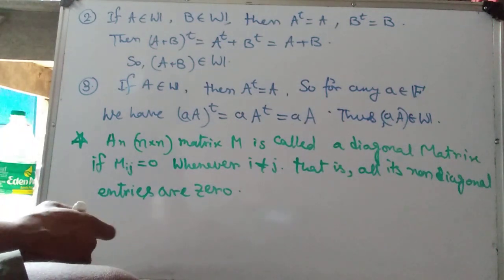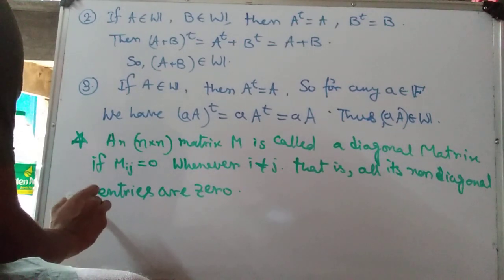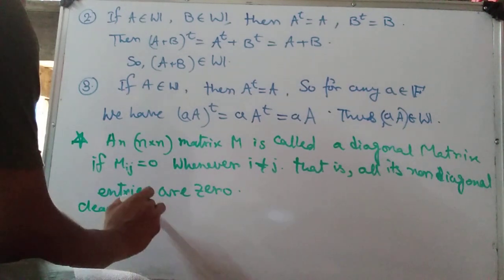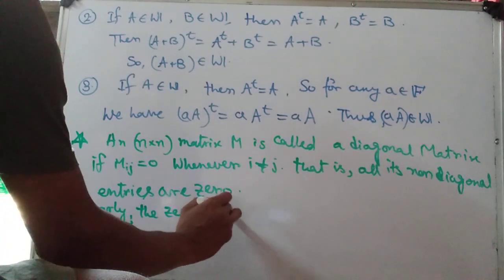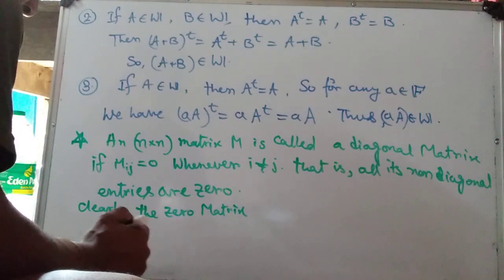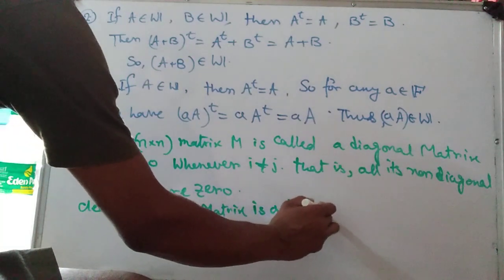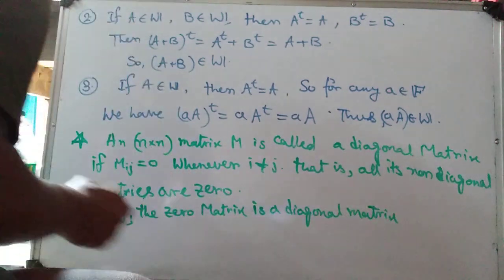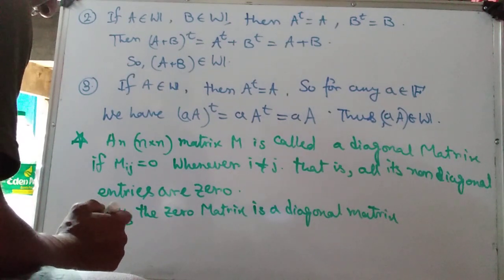Clearly we write about that. Clearly the 0 matrix is a diagonal matrix, because all of its entries are 0.